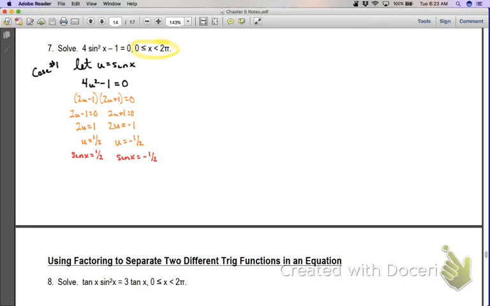So regardless if you go with your hand trick or if you go with the circle, wherever the y value is 1/2 or negative 1/2, you can go from there.